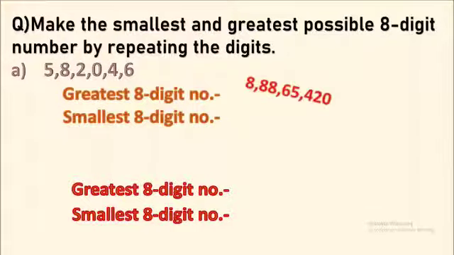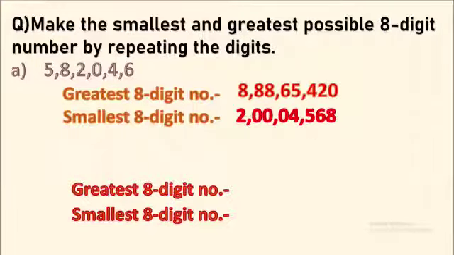So what number will we be getting? 8,88,65,420. Here we cannot place 0 at the first place, so the next smallest digit should be at the first place, 2. Then we need to repeat 0, which will be at the second place. So what number will we be getting? 2,04,568 as the smallest 8-digit number.